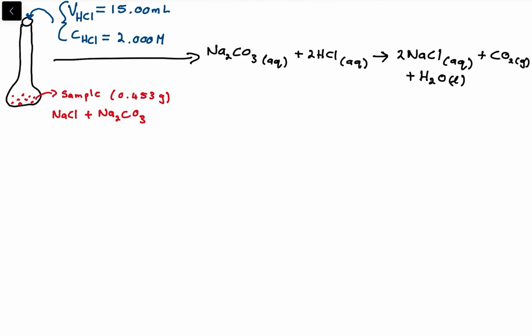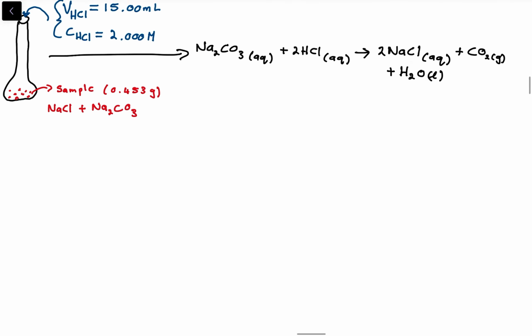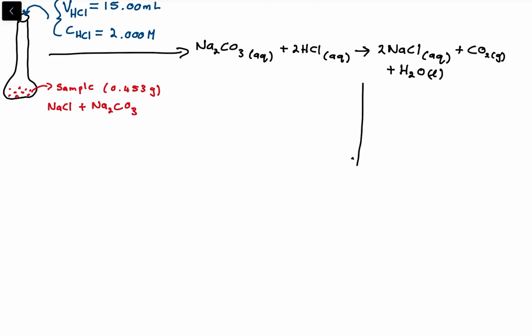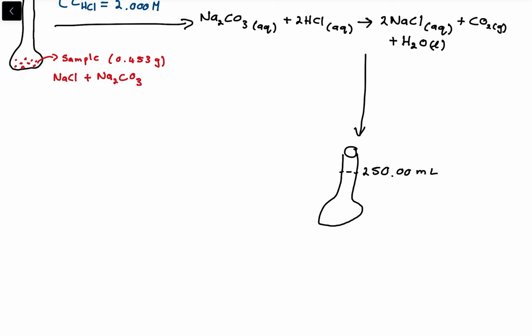Once the fizzing stopped, in other words, once we know the reaction has gone to completion, we then make up this solution to the mark, meaning that we take our volumetric flask and fill it up to 250 milliliter, and we call this solution A. So what do we do here?